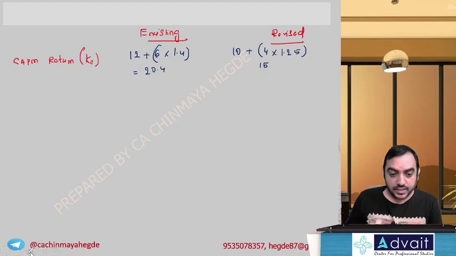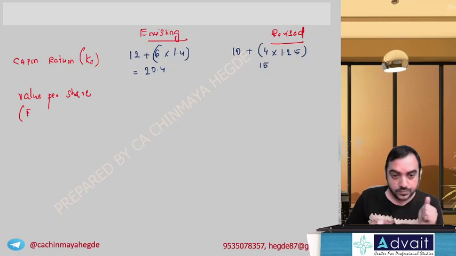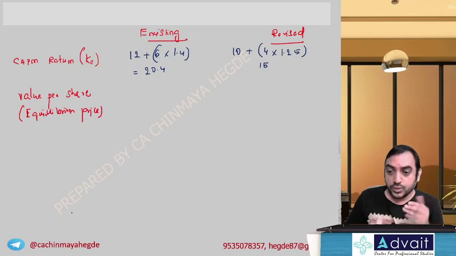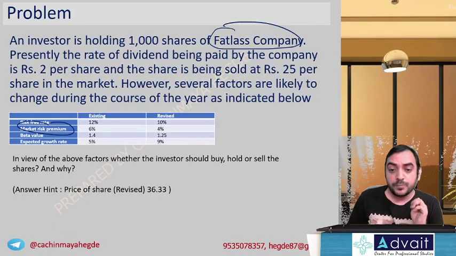Okay, let's calculate the equilibrium price, the value per share. Intrinsic value you can say, or equilibrium price, using the formula D1 by K minus G, or D0 into 1 plus G. What about the dividend?